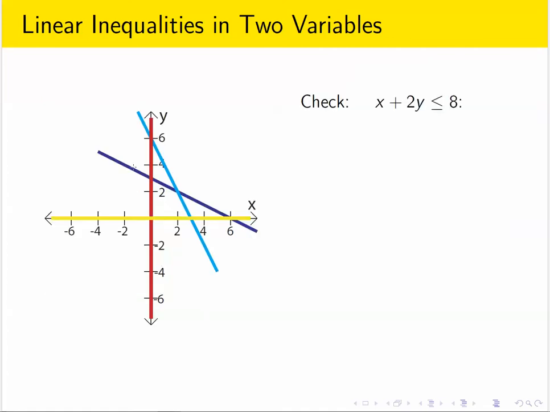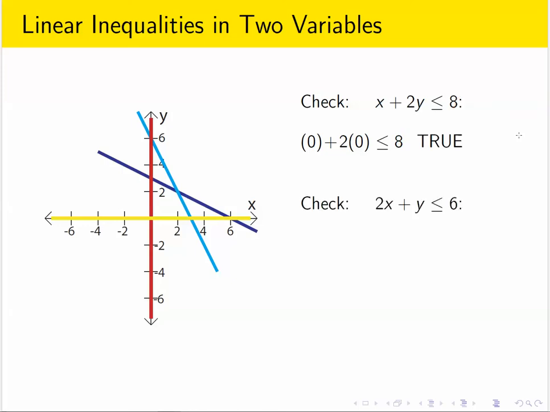Okay, we'll test. So this should actually say x plus 2y less than or equal to 6, not 8 here. So when we check that, that's the dark blue line here. If we plug in the origin, we see that it satisfies the correct inequality.